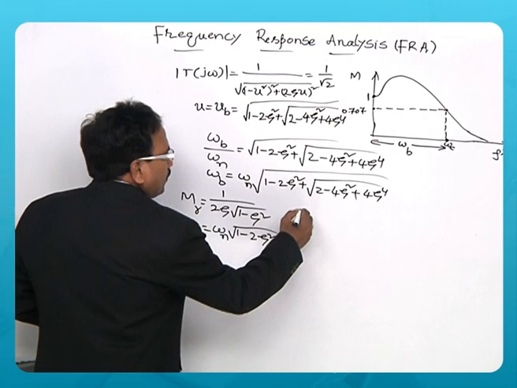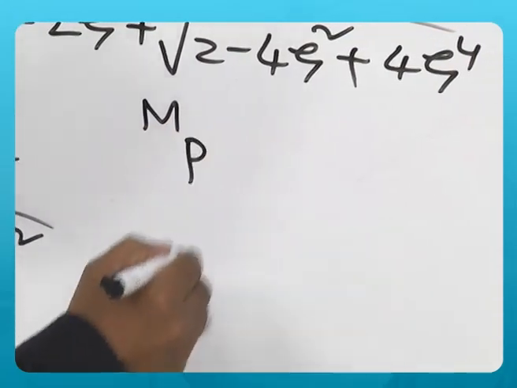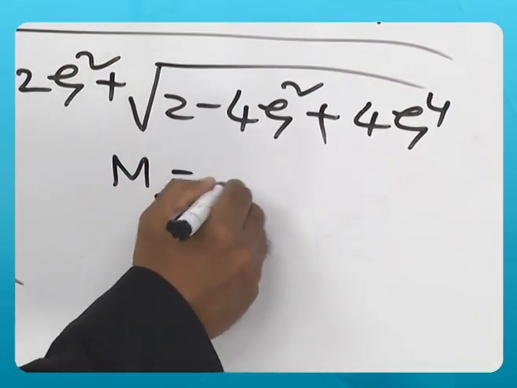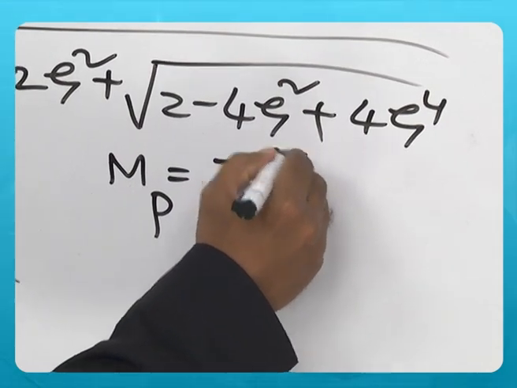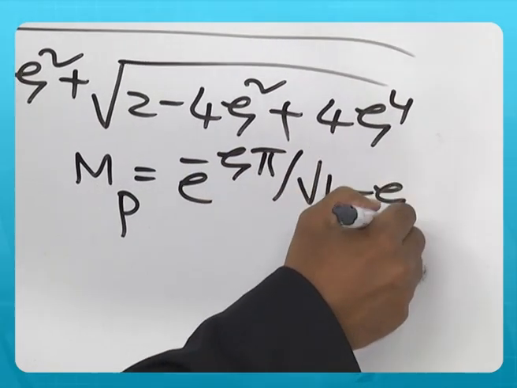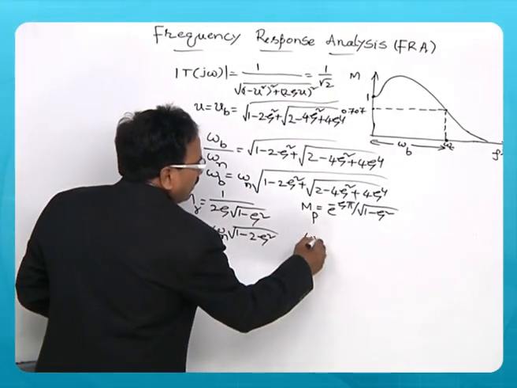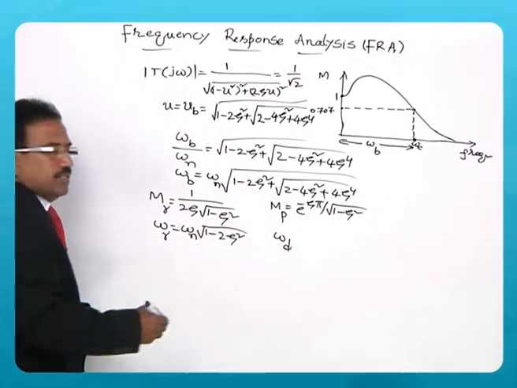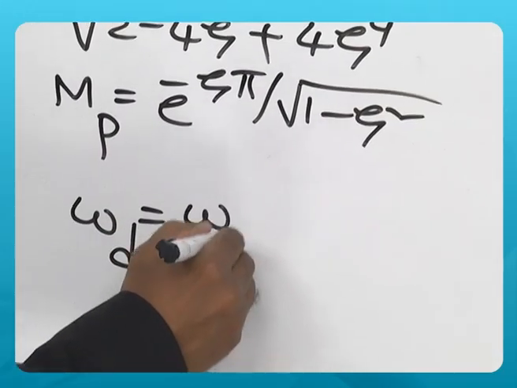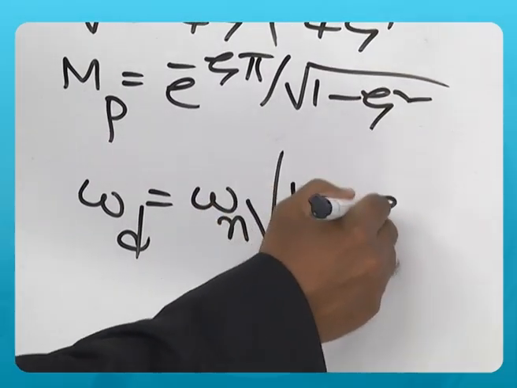In time domain approach, we call it a peak overshoot. MP is equal to e power minus zeta phi under root of 1 minus zeta square. This you can get at damped natural frequency omega d is equal to omega n under root of 1 minus zeta square.